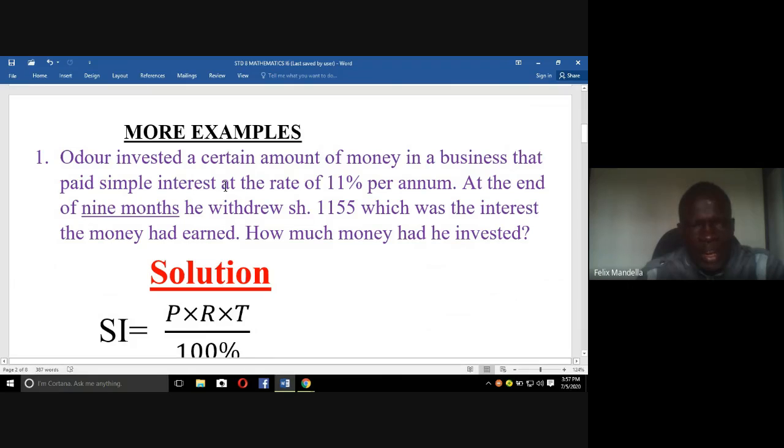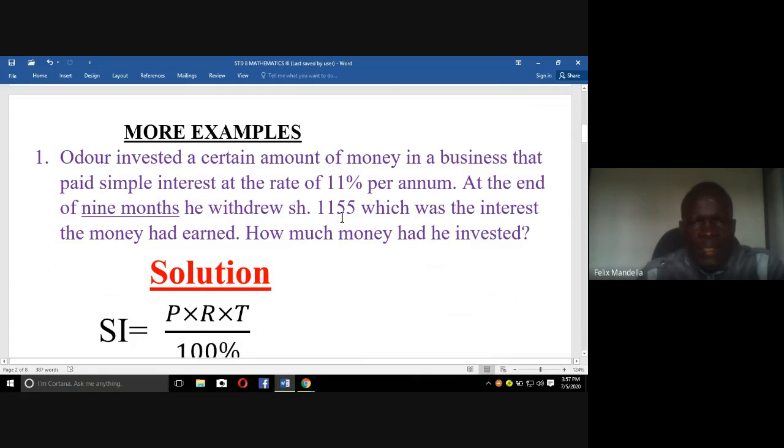I'll repeat, Oduor invested a certain amount of money in a business that paid simple interest at the rate of 11% per annum. At the end of 9 months, he withdrew 1,155, which was the interest the money had earned.